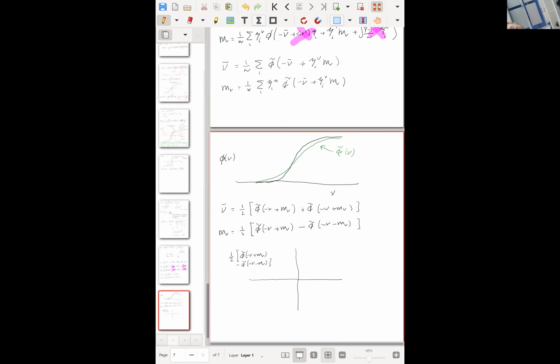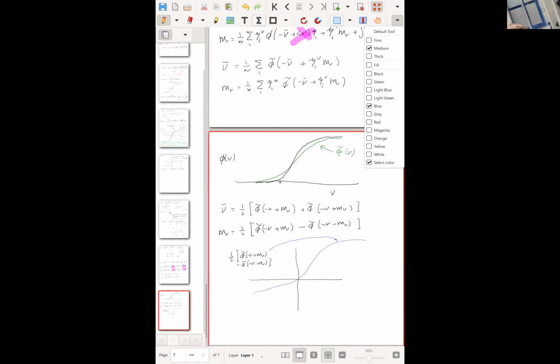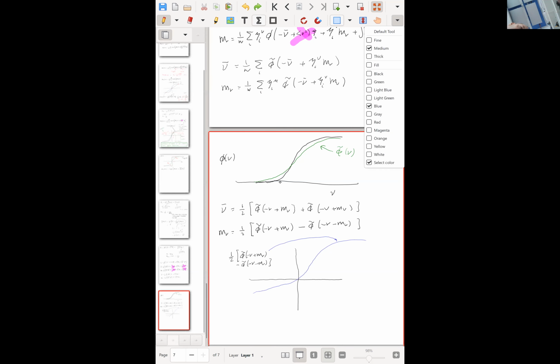We don't know what it looks like. Maybe something like this. Okay. So this is a plot, and now we can look for intersections with a 45-degree line. The intersection with the 45-degree line might be something like this, and now we see we can embed memories.